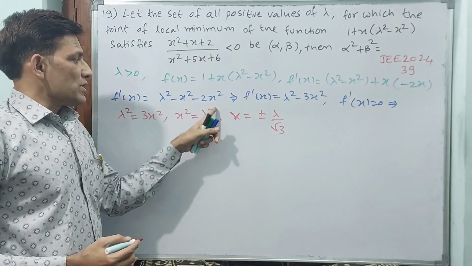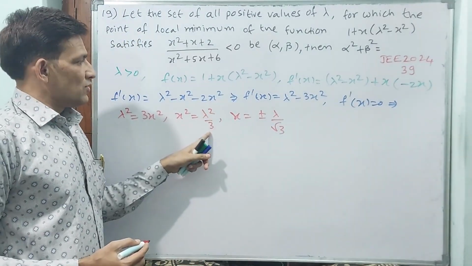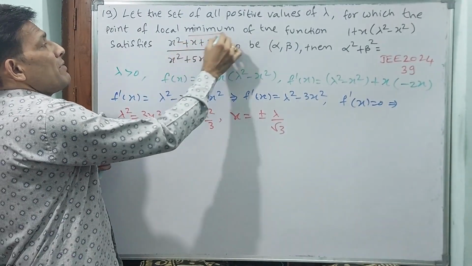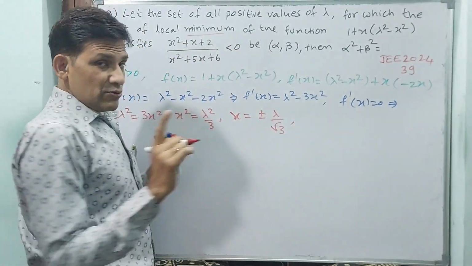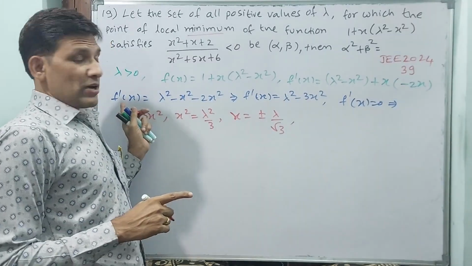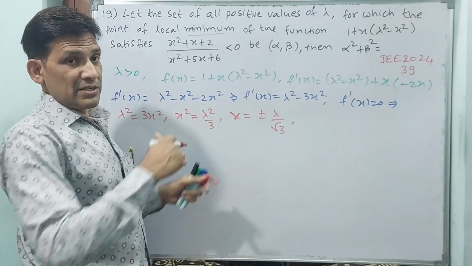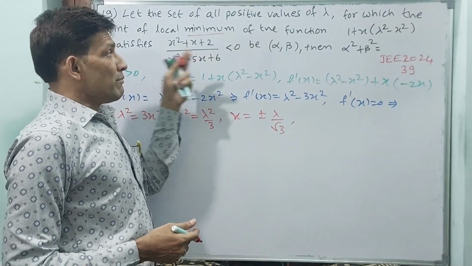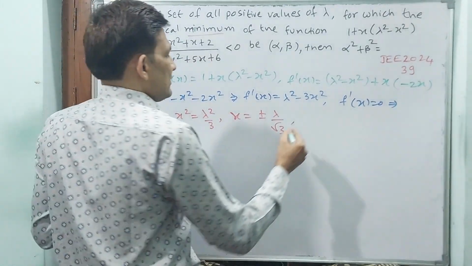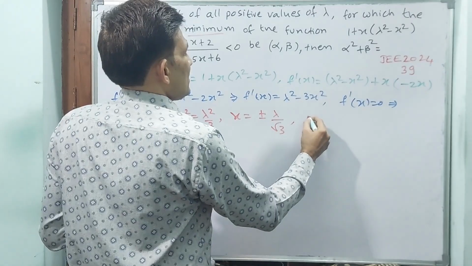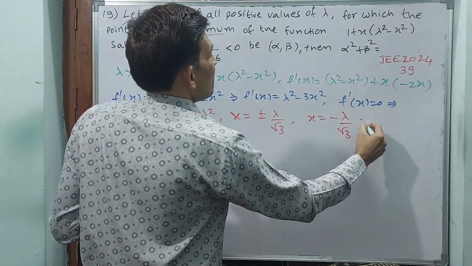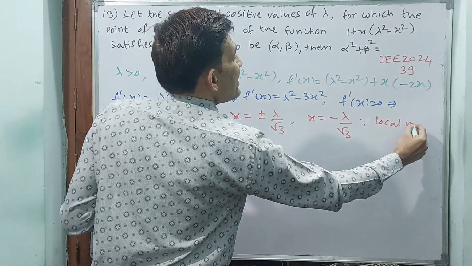But we are going to find the minimum value, so we don't take plus. F dash x plus means increasing, minus means decreasing. Minimum value means in decreasing you have to get. That means x is equal to minus lambda by root 3 because local minimum.